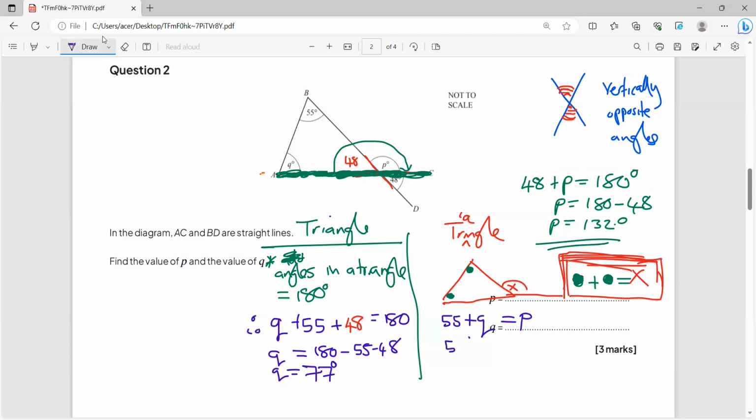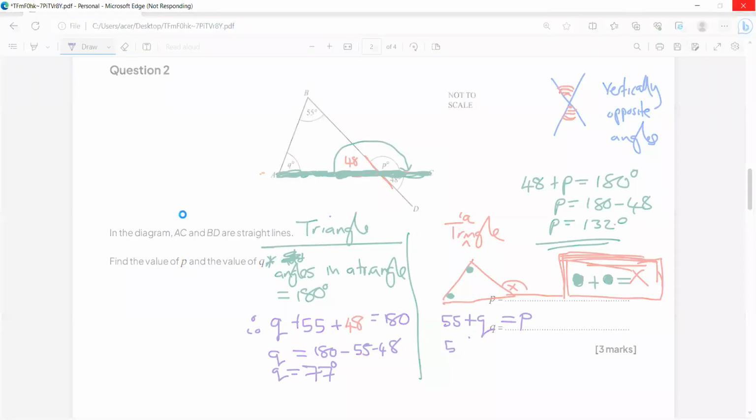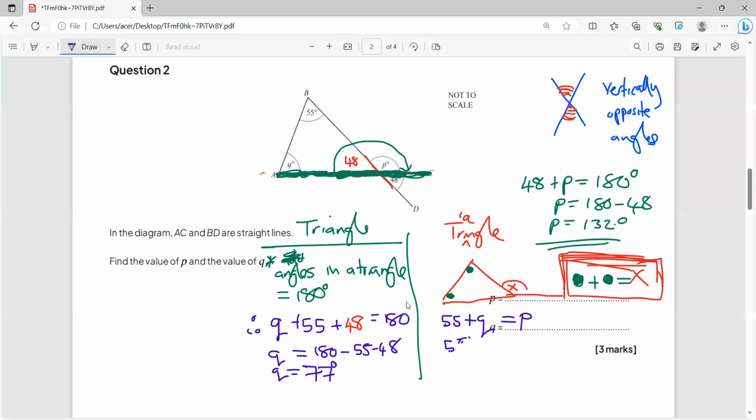So 55 plus Q equals P, and we already know that P is 132.